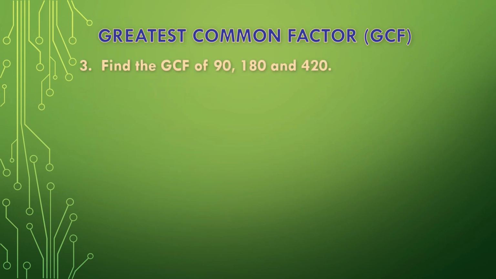Number 3, find the GCF of 90, 180, and 420. Let's write the given numbers. Let's begin with 90. 2 times 45 is equal to 90. 2 is a prime number, so let's encircle 2.